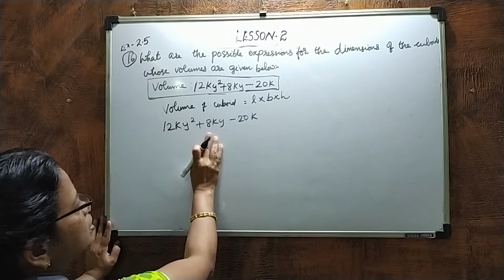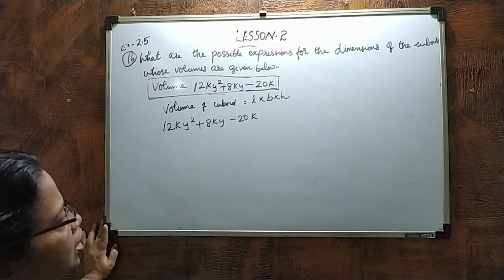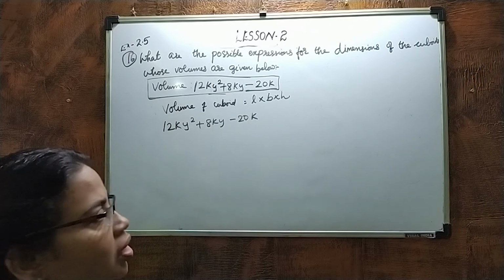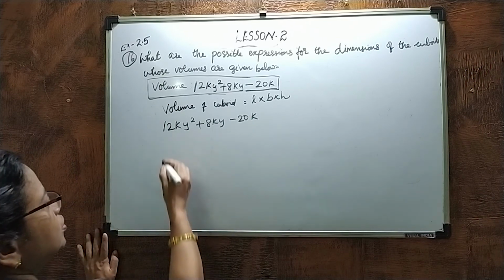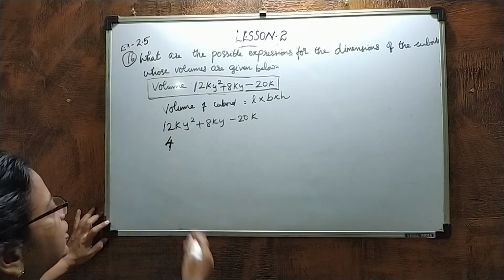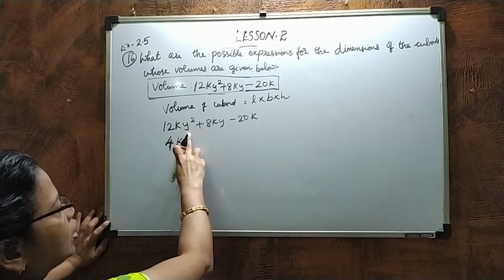Here in the numbers 12 is there, 8 is there, 20 is there. That means 2 is also common, 4 is also common. So you have to take 4 as a common number; the highest one you have to take as common. Then k is there, so k also we will take outside. Then what about y?